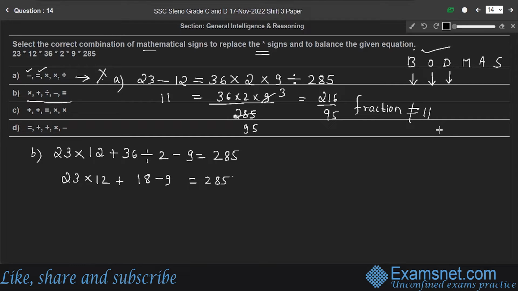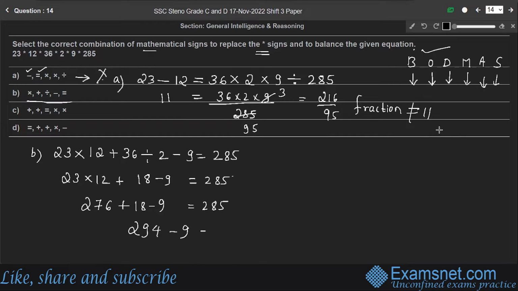Right, let's go to the multiplication part. 23 into 12 is 230 plus 46, 276. 276 plus 18 minus 9 should be equal to 285. Right, so after multiplication, addition comes followed by subtraction. 276 plus 18 is 294.